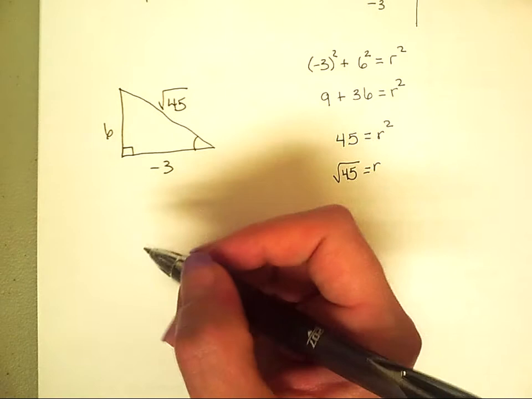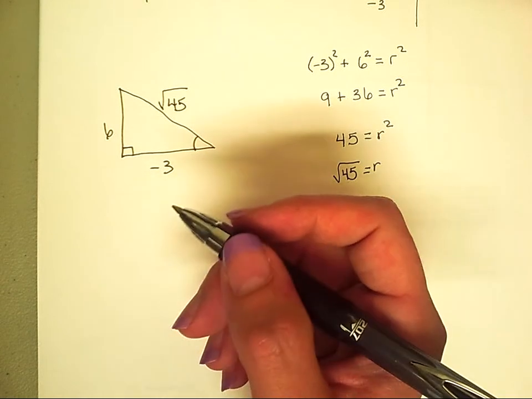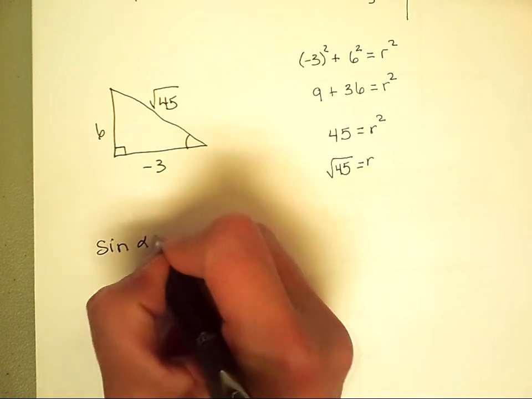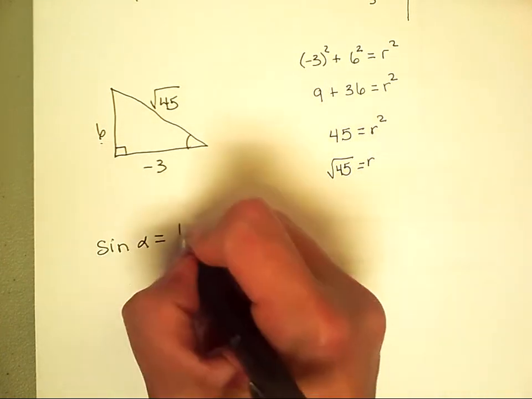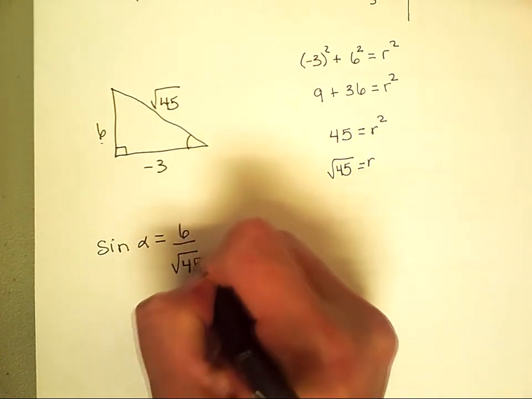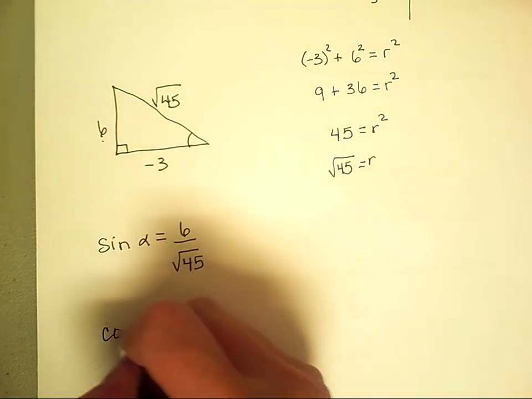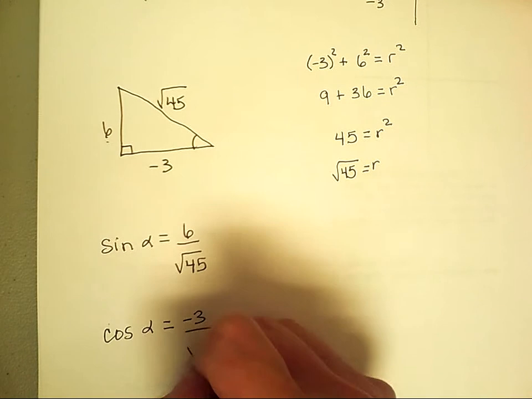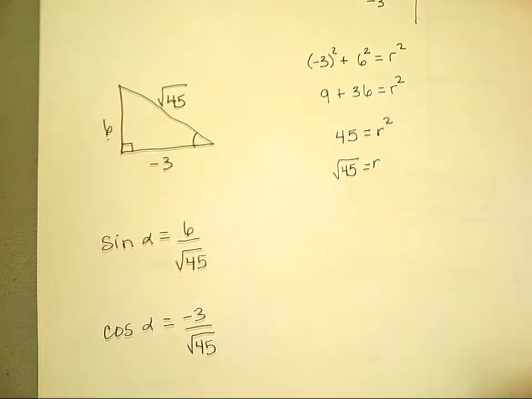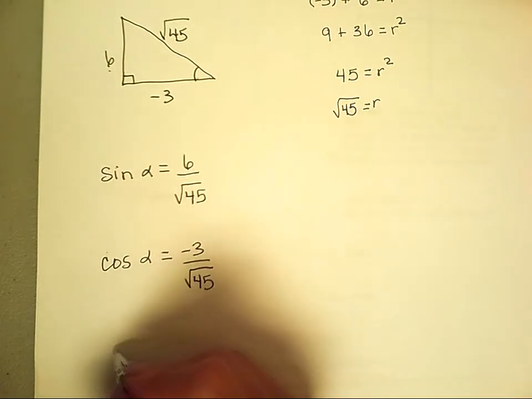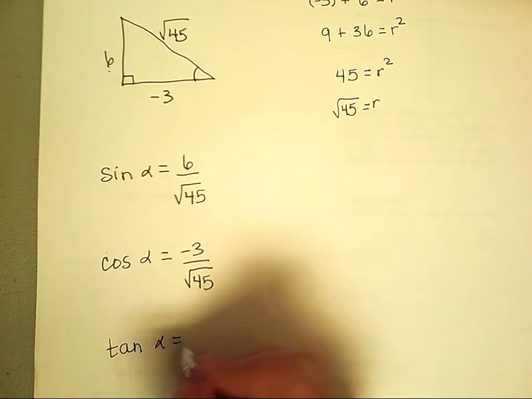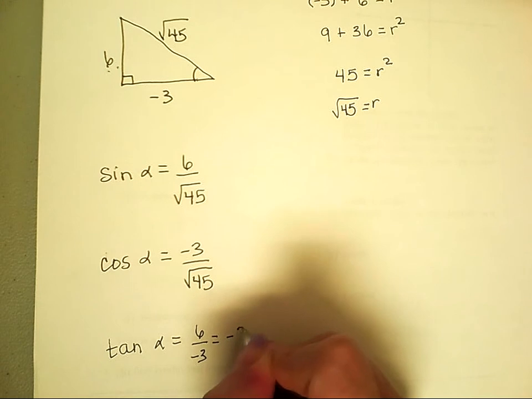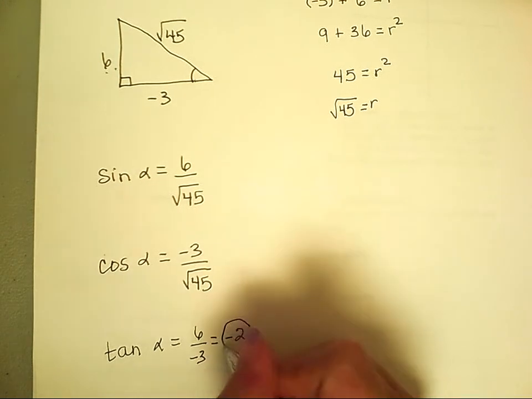Now, we know that the sine of alpha is equal to the opposite, which is 6, over the square root of 45. The cosine of alpha is the adjacent, which is negative here, representing a negative direction, so -3 over the square root of 45. And the tangent of alpha is the opposite, 6, over the adjacent, -3, which is -2.